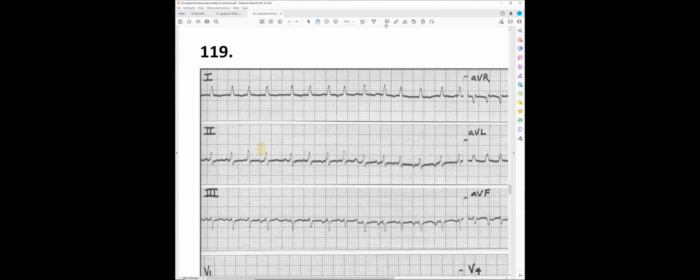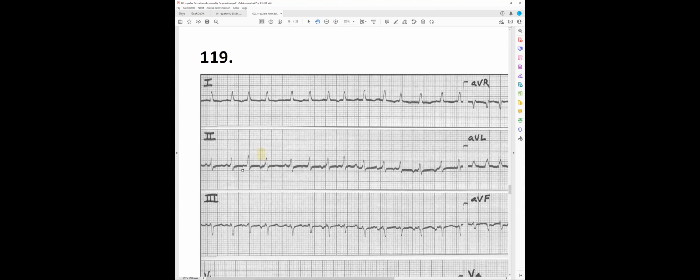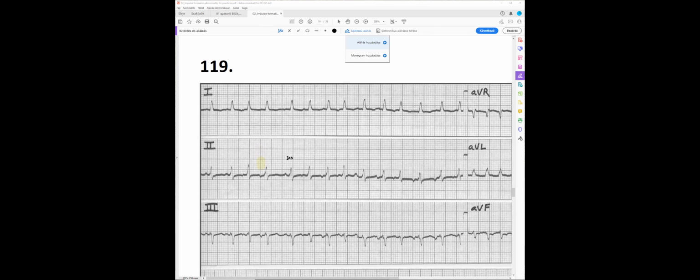Can you see it? Yes. Okay, so what does it mean? Yes, maybe this one. No, it's not that one. Oh, no. Okay.